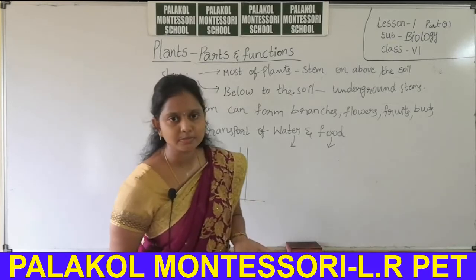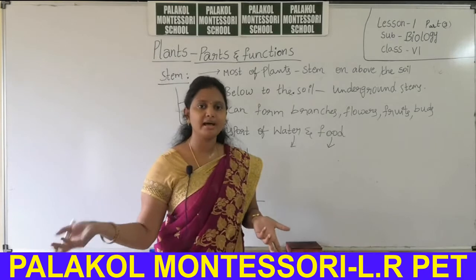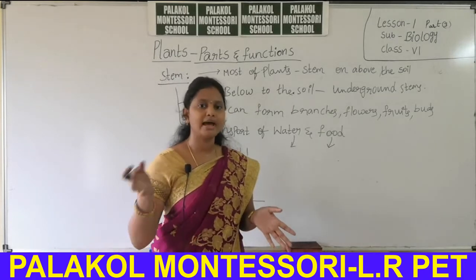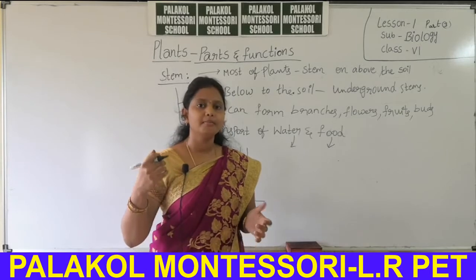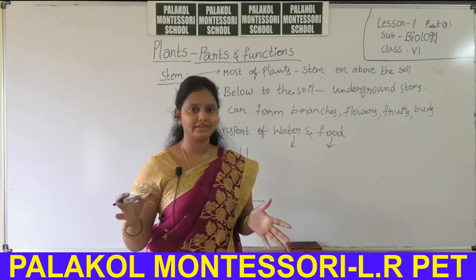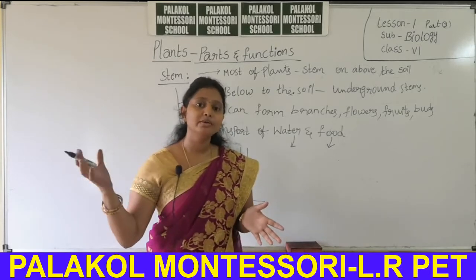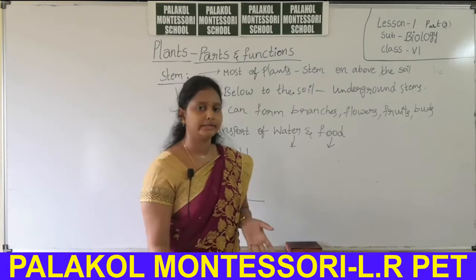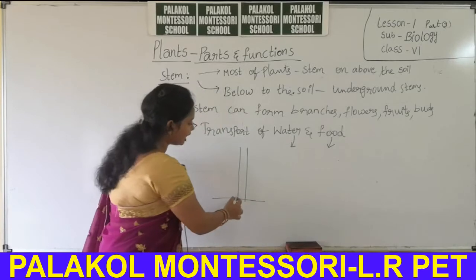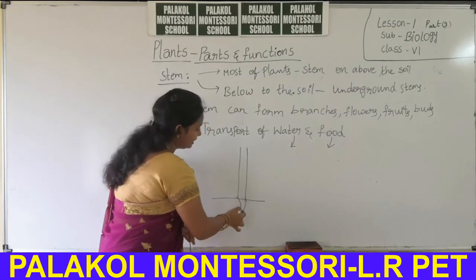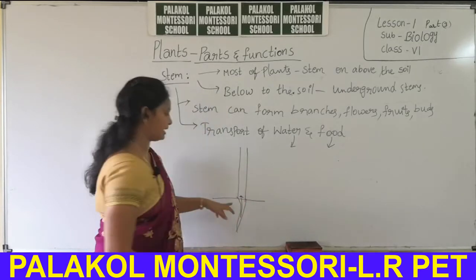What is meant by transport? If you want to go to Bhimavaram or any other place, you have to take transport, a bus or any other vehicle, to reach the area which you want. In the same manner, the water absorbed through the root system enters the stem.